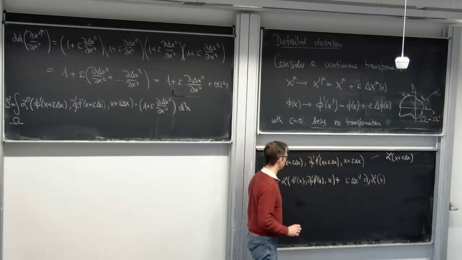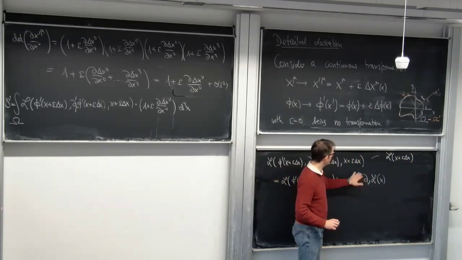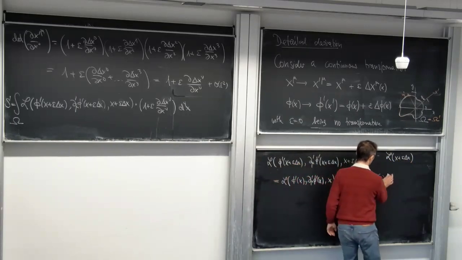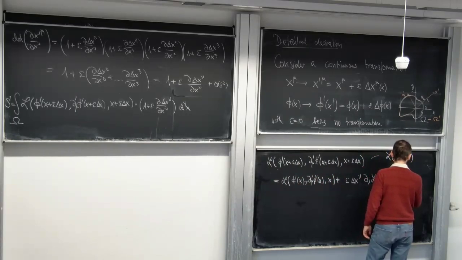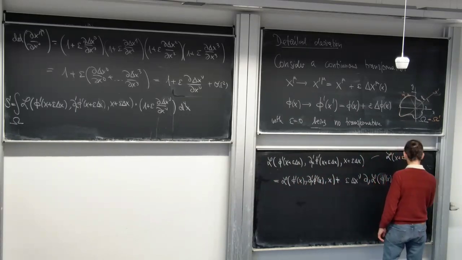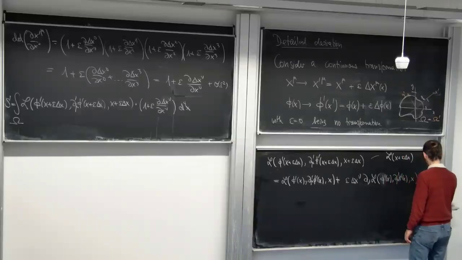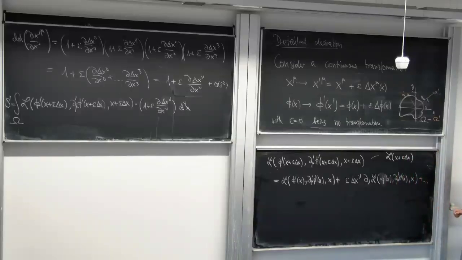This derivative hits everything in there. So now I'll be explicit again. This is my phi of x, comma d mu phi of x, and x plus higher terms.